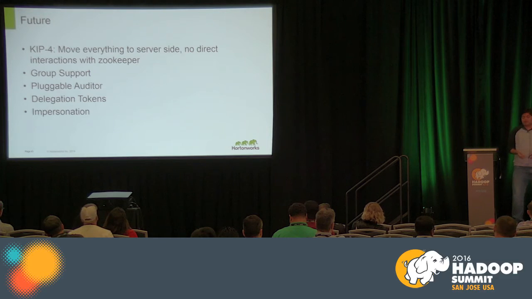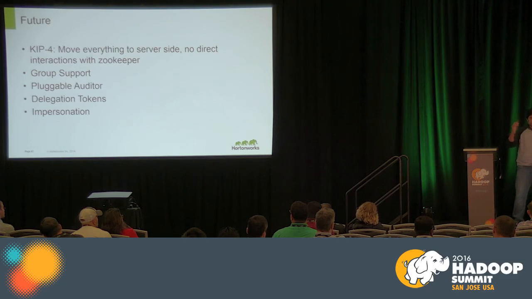The final thing is impersonation. As the name suggests, Kafka, at least Confluent, has a Kafka REST API using which you can produce or consume messages using REST. The problem is that if your Kafka cluster is secure, either you have to add the REST proxy as a super user, and then anybody who has access to REST becomes a super user because they can produce or consume from any topic.